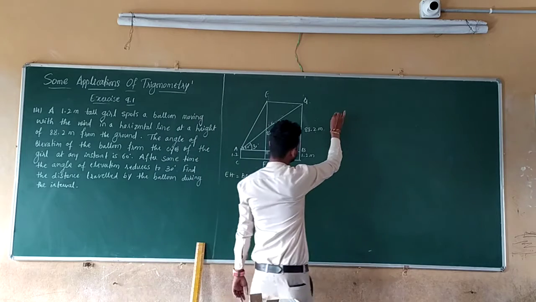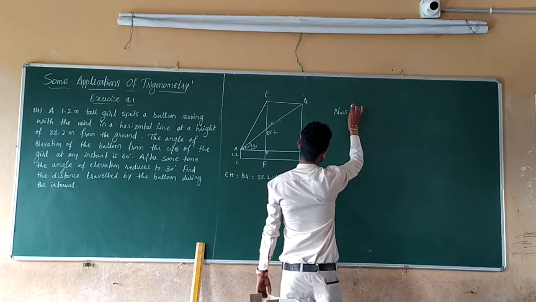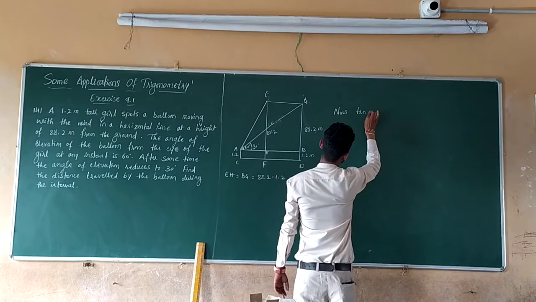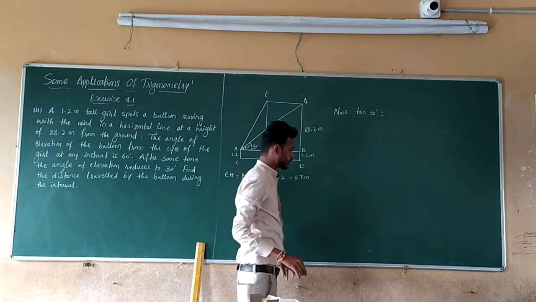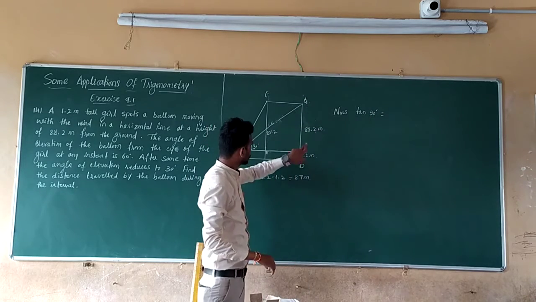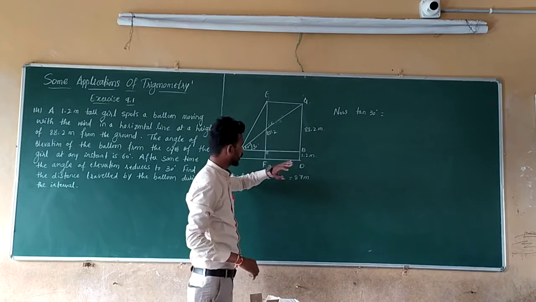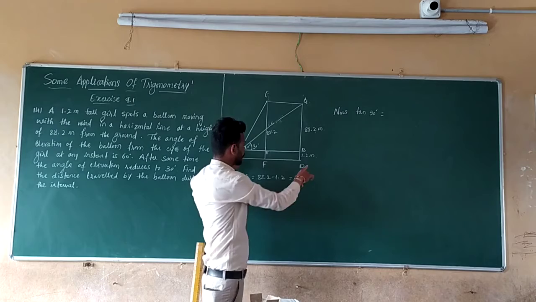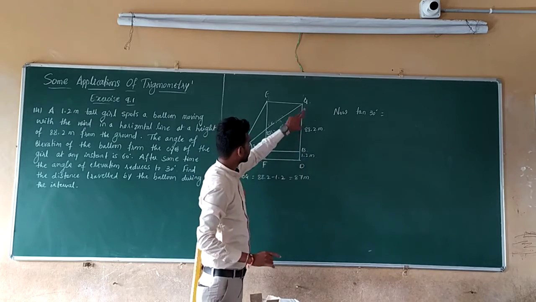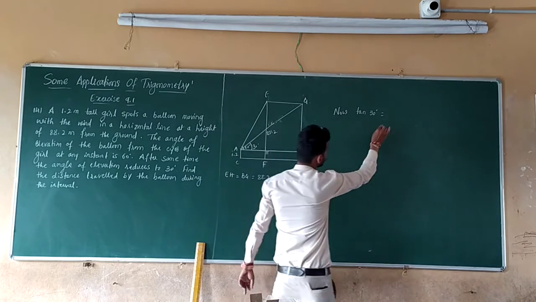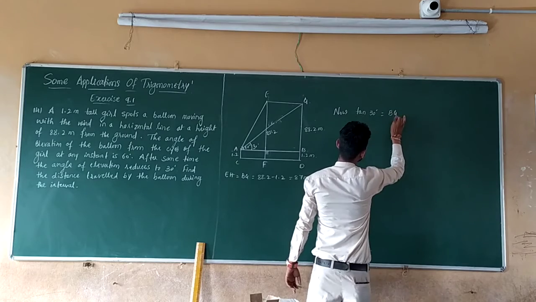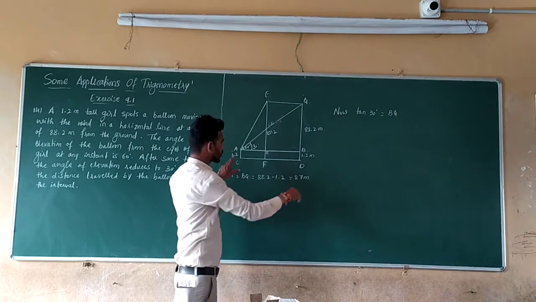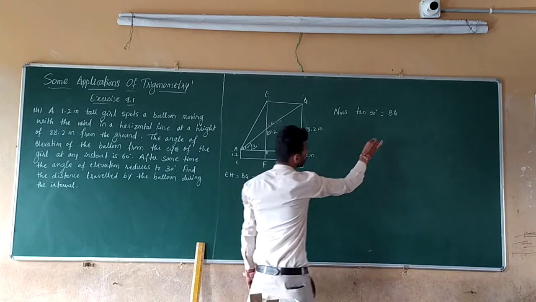Let us see. Now tan 30 degree is equal to, for 30 degree, opposite is BZ, and the angle A lies on the line AB, so adjacent side is AB.